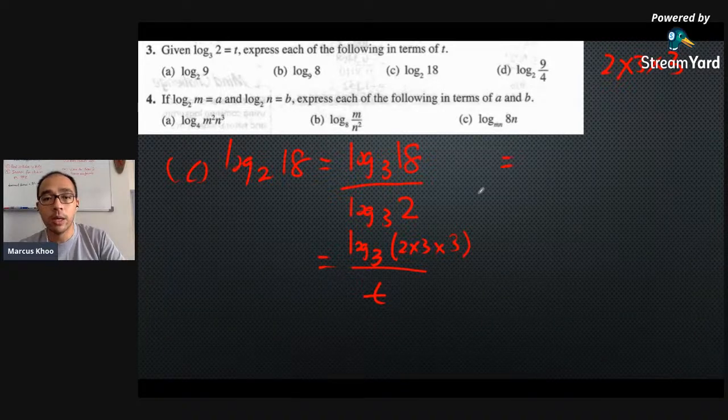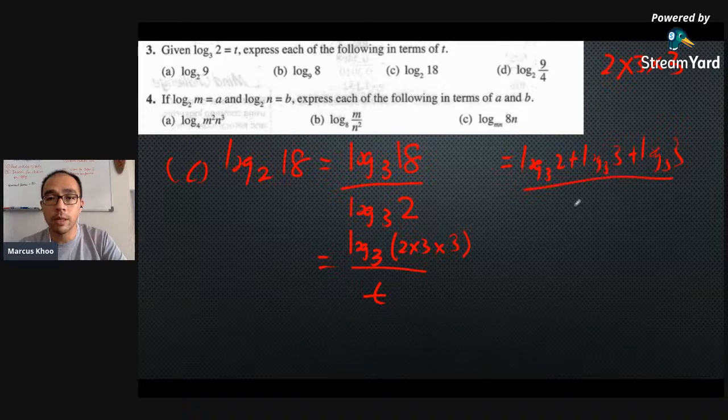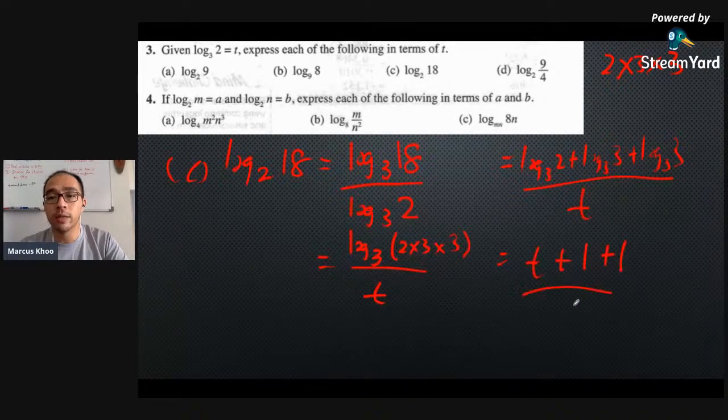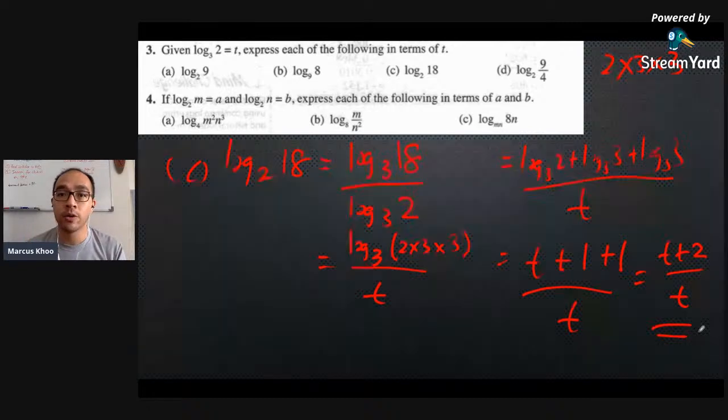If I use the first law of logarithm, this will be log_3 2 plus log_3 3 plus log_3 3, over t. Log_3 2 is t, plus log_3 3, same base, same number, is 1, plus 1, over t. So my final answer will be t plus 2 over t. And that's how we do it.